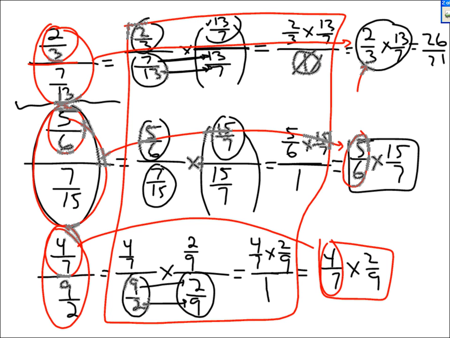The bottom numbers, oh my, they got flipped over. It's 15 over 7, here it was 7 over 15. The bottom number is 9 over 2, it is now 2 over 9. So what's the rule? You keep the top number.